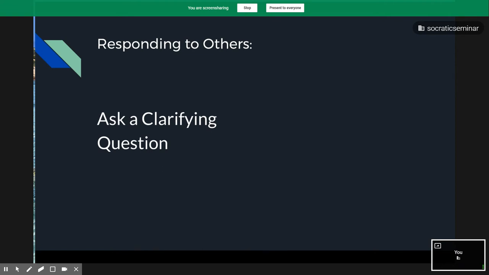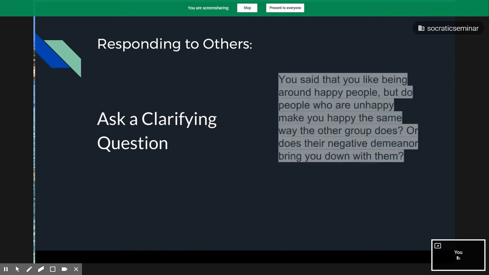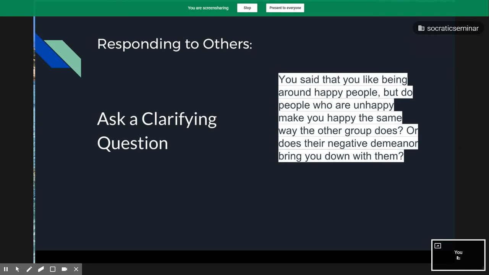The second type is asking a clarifying question. And this example actually was in response to something I wrote, and I loved it. I loved getting this question. This person said, "You said that you like being around happy people, but do people who are unhappy make you happy the same way the other group does?